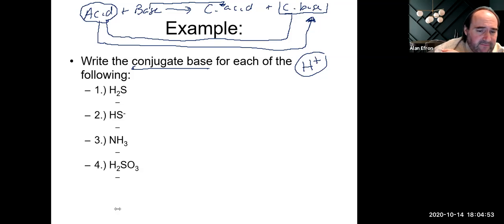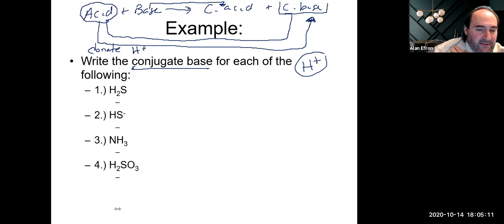The definition of an acid is something that will donate the H plus. So I want to take away an H plus from each of these, because in each case, these should be acids.